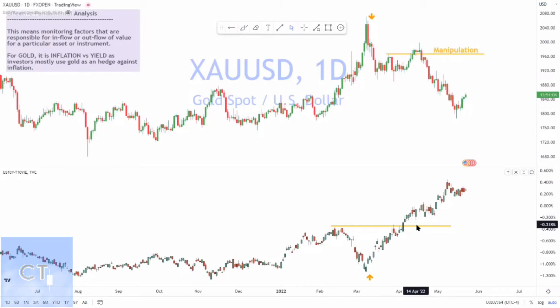So nominal yield is rising faster than inflation. And so investors will be enticed by that yield and move money out of gold into the dollar. Okay, so whenever the currency is losing value, that is when you will have investors buying into gold.